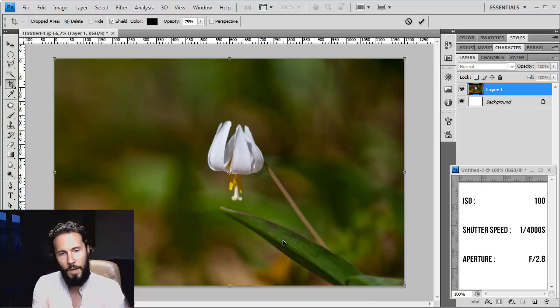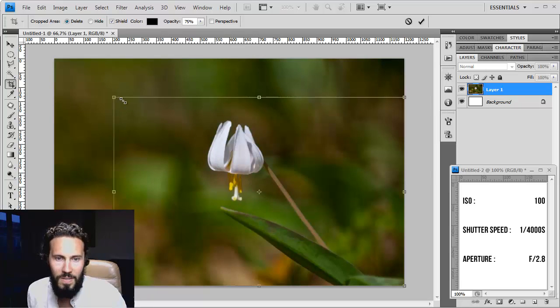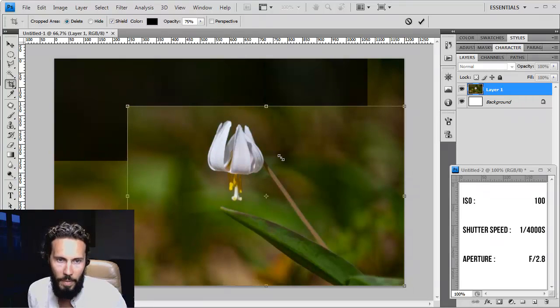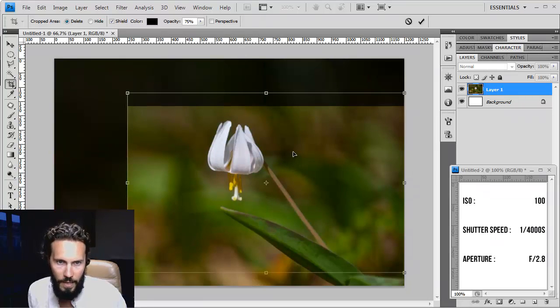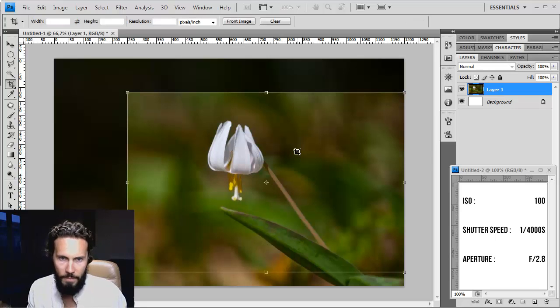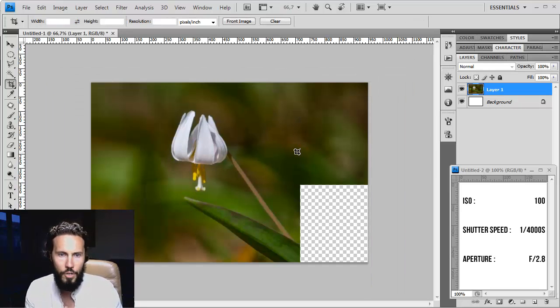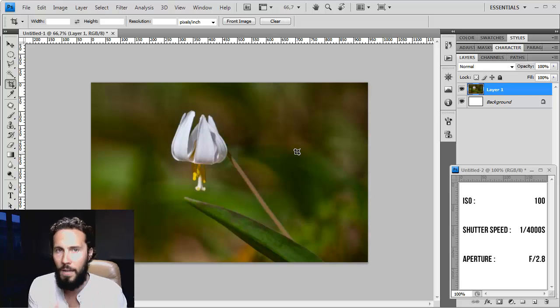So instead of framing it like this, I'm going to do it on Photoshop, I would have suggested placing the tip of the dwarf trout lily on a rule of thirds point. So something like here, roughly. I'd even put it there. And then you've got a much more dynamic image, much more balance, much more interesting.